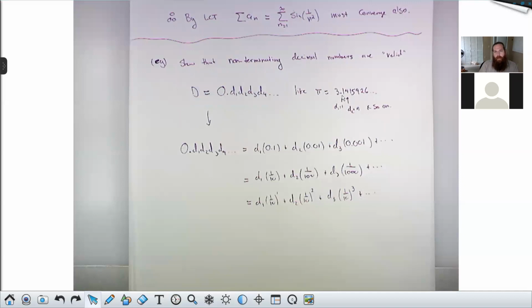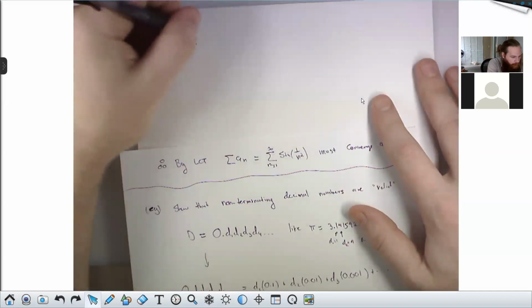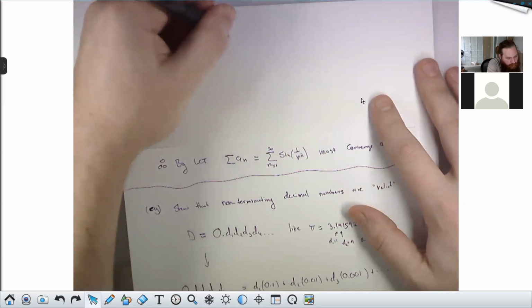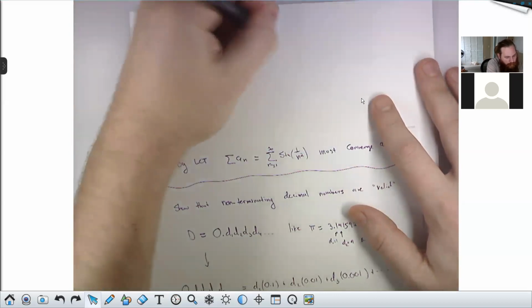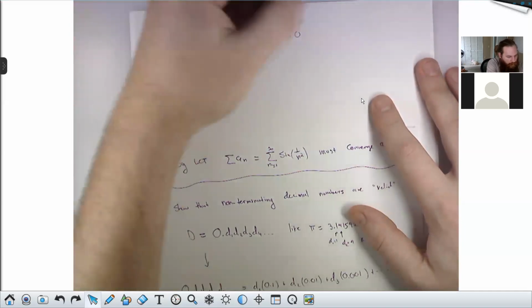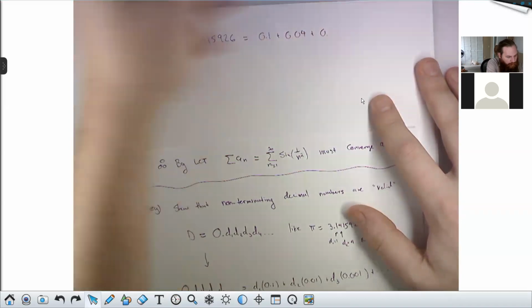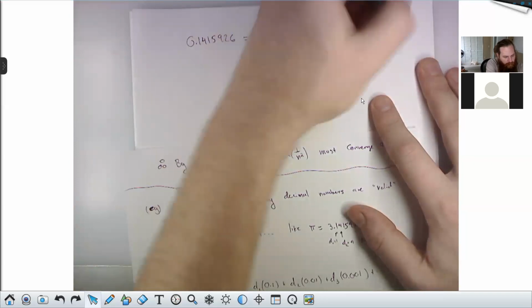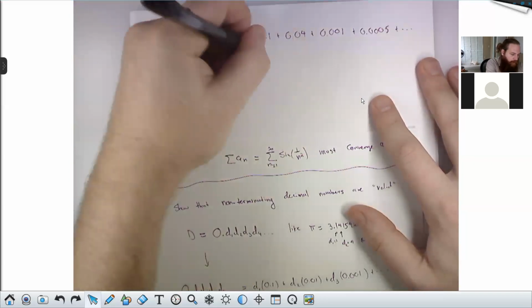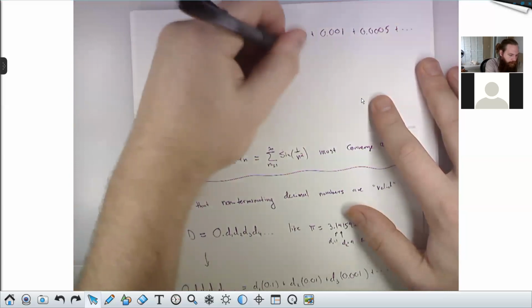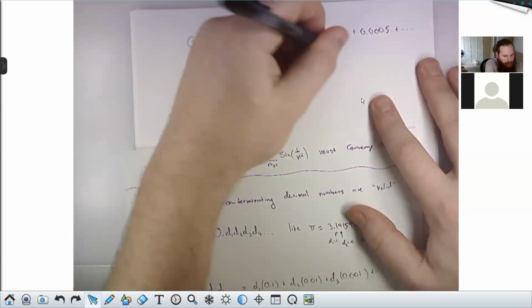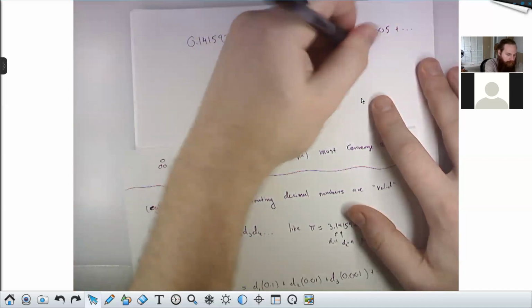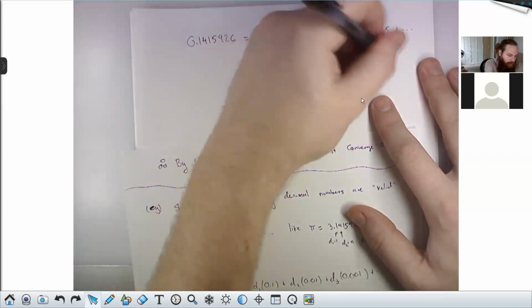So if you take a number like pi, where the decimals are 1, 4, 1, 5, 9, 2, 6, I could write that, I'll come off to the side here for just a second, 0.141596, that's equal to 0.1 plus 0.04 plus 0.001 plus 0.0005, and so on, which is 1 times 1/10 plus 4 times 1/100th plus 1 times 1/1000th plus 5 times 1/10,000th, and so on.